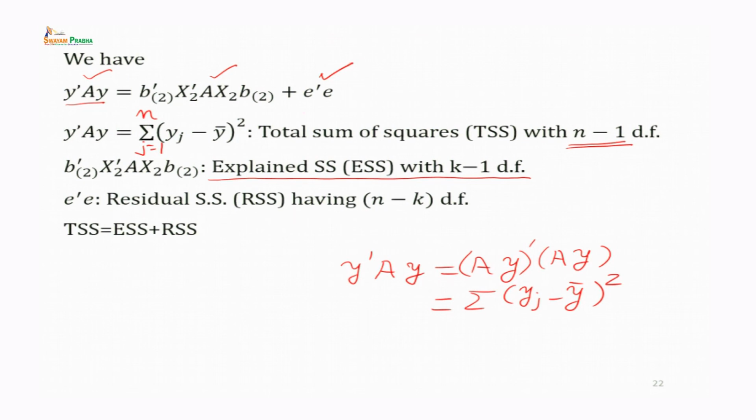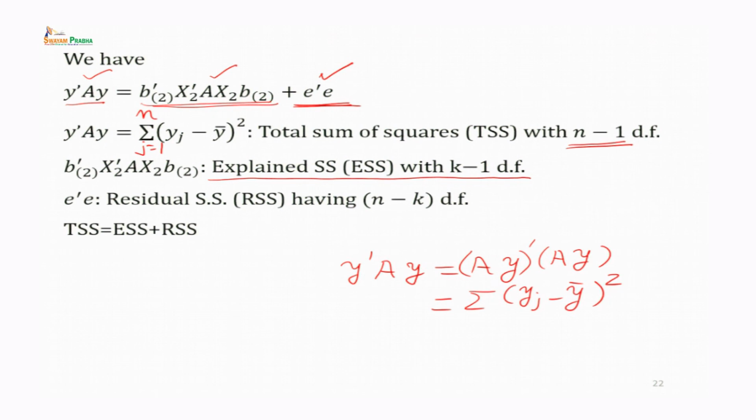So, the unexplained part, the part of variation in y's which is unexplained by the regression. And for a good regression, the error sum of square, or residual sum of square, should be small, and this part should be large.